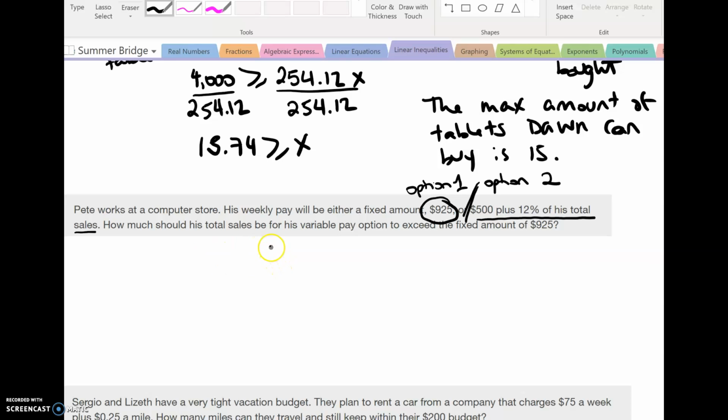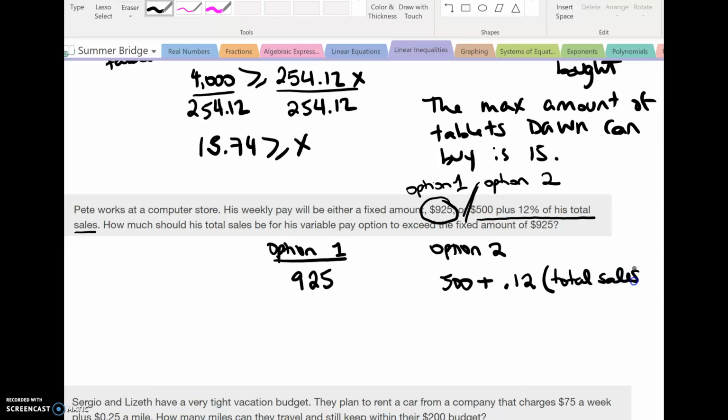So option 1 is fairly easy. That's $925. And then option 2, where we have $500 plus 12%, which we can represent as a decimal as 0.12 times his total sales, which I'm going to call X. Now, how much should his total sales be for his variable pay option, which is option 2, to exceed the fixed amount?